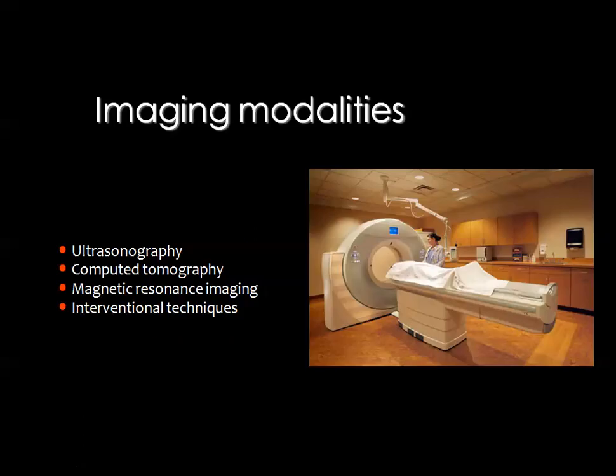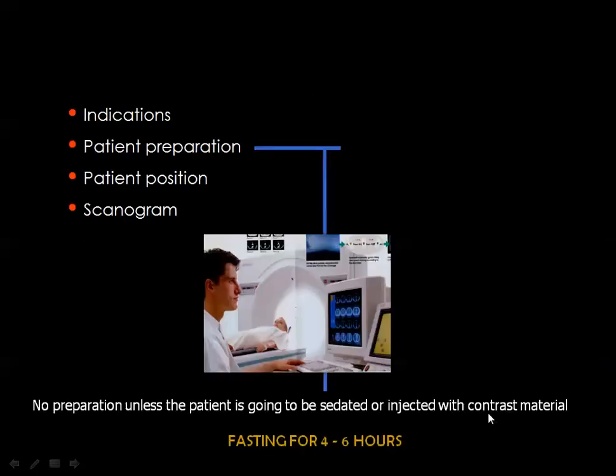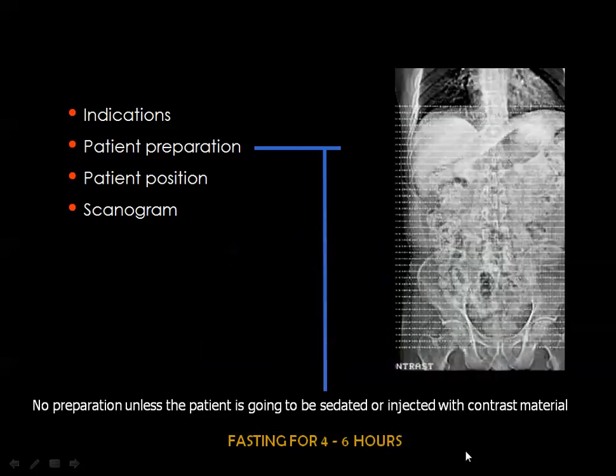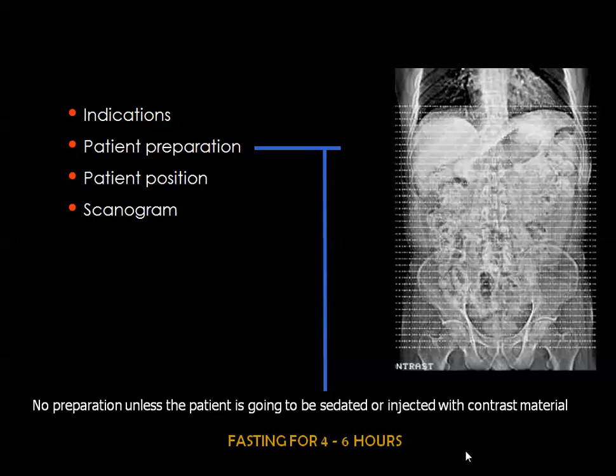As I mentioned, you can examine the adrenal gland by ultrasound, by CT, by MRI, and we may have some interventional techniques, like a CT-guided needle biopsy from a suspicious adrenal mass. There is no special preparation for evaluation of the adrenal glands by CT, MRI, or ultrasound.